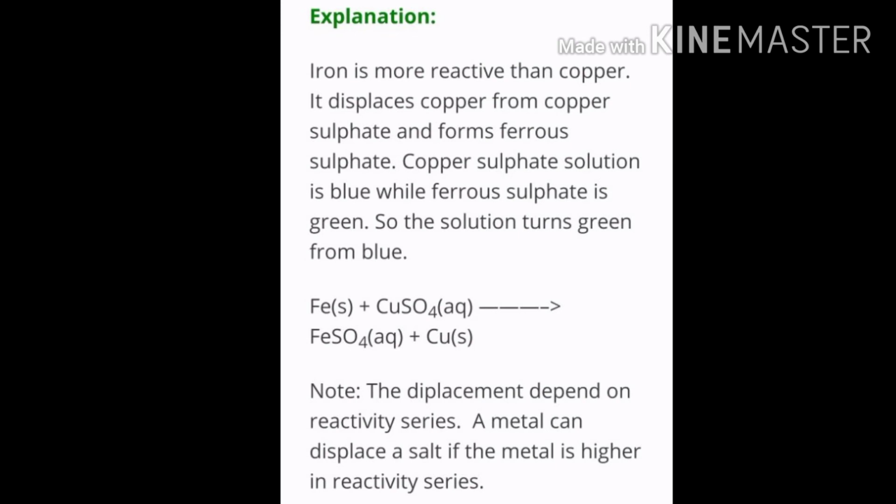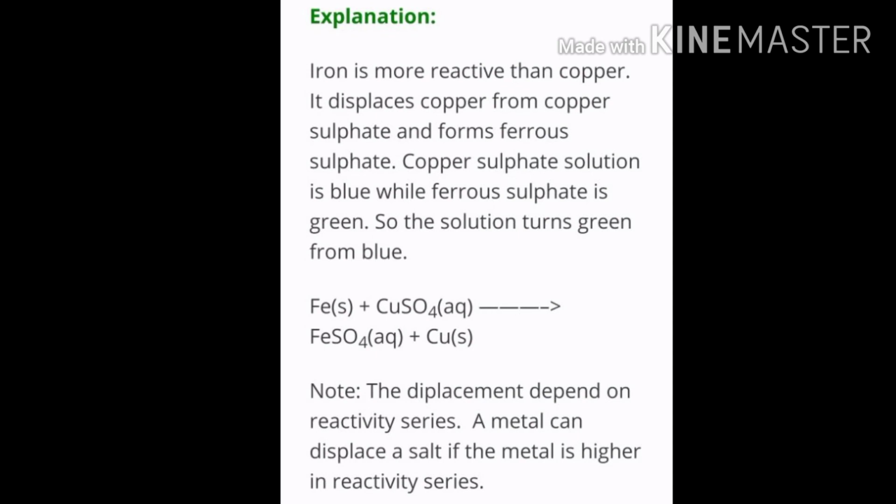Fe plus copper sulfate solution will give, on reaction, ferrous sulfate, FeSO4, and Cu. Now, what we observe in the other test tube, in which we have copper wire dipped in iron sulfate solution, is that no reaction has taken place.